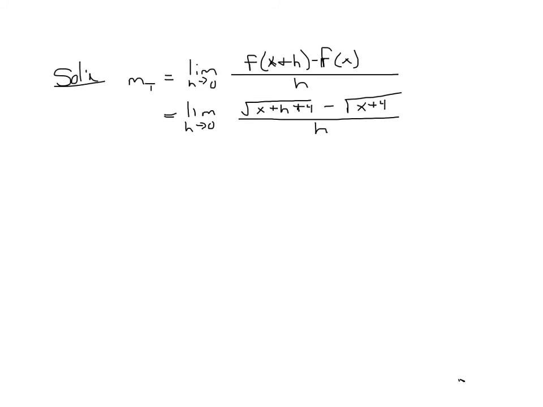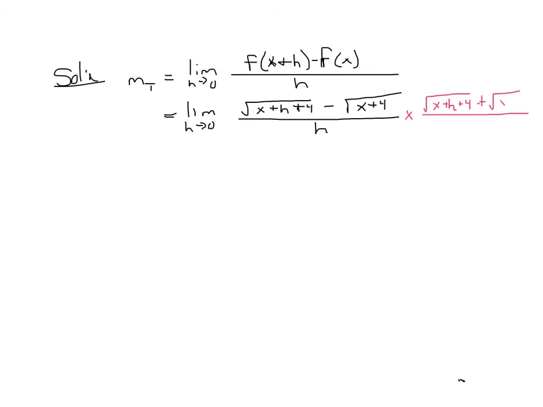Now, our dilemma, of course, is how are we going to cancel out that h? In the last two examples, the denominator's h canceled out nicely. In this case, the numerator. So what we do, if we want to get rid of an h underneath the square root, is we need to get rid of the square root sign, which means we have to rationalize our numerator in this case.